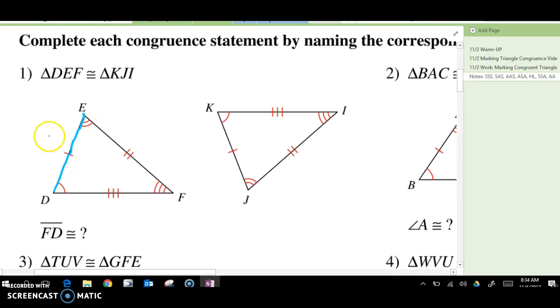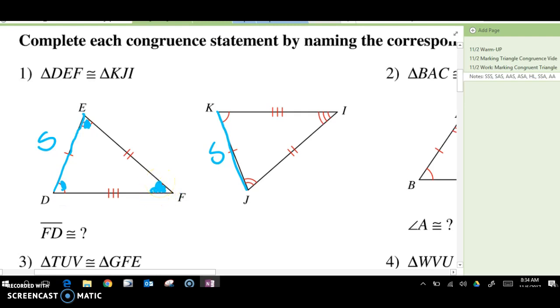That's a side. Now, DE is congruent to what side over here? Very good, KJ. So this is also a side. So right now we have congruent sides. I'm not going to worry about the angles right now. We'll do those in a minute. So right now, just pay attention to the sides.